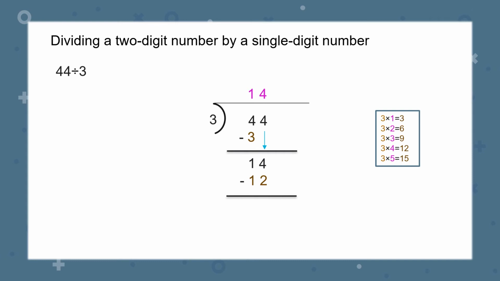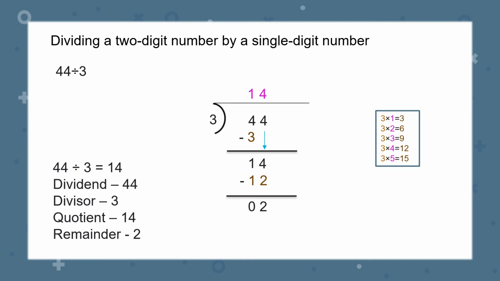Now we will subtract 4 minus 2, 2, and 1 minus 1, 0. Now we will write the final answer. 44 divided by 3 is equal to 14. Here dividend is 44, divisor is 3, quotient is 14, and remainder is 2.